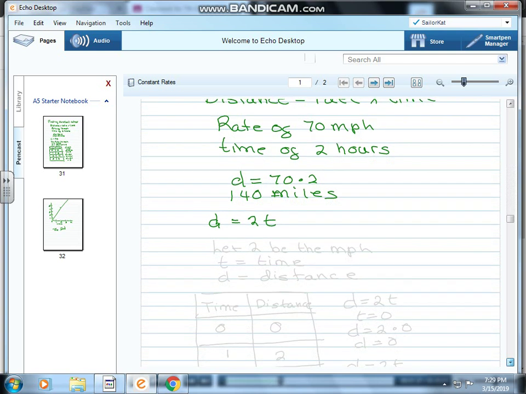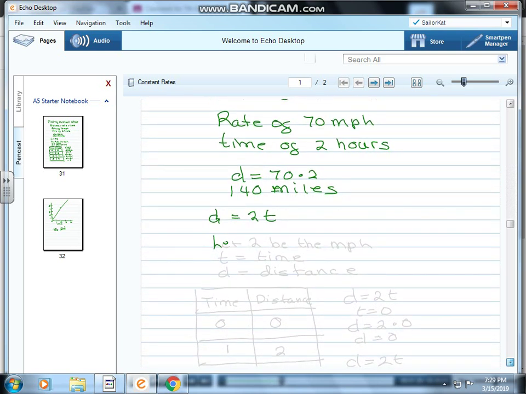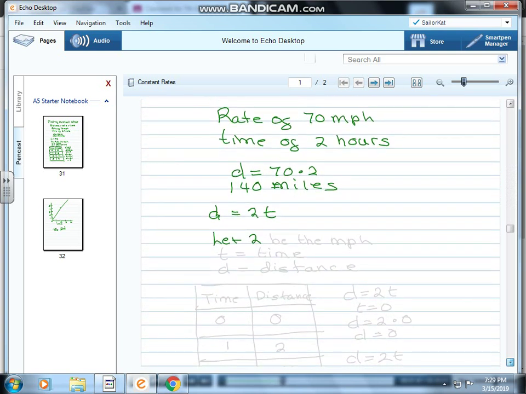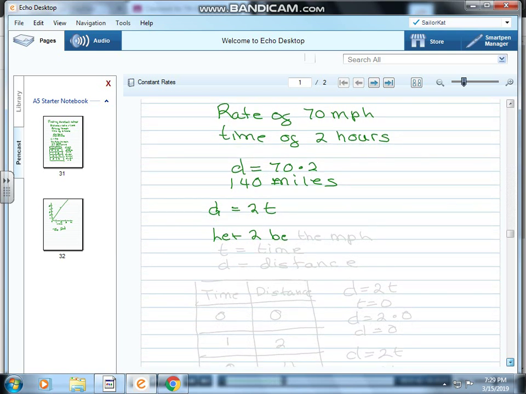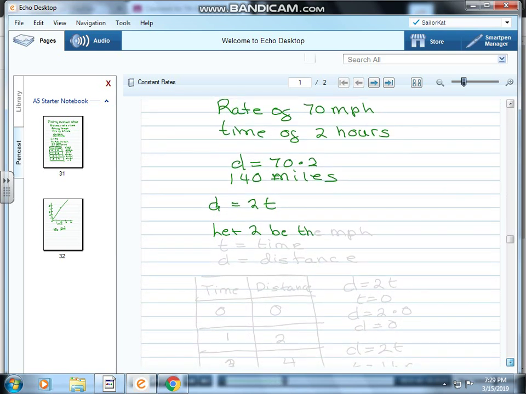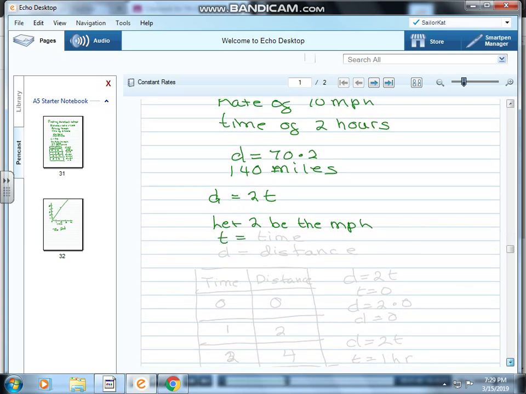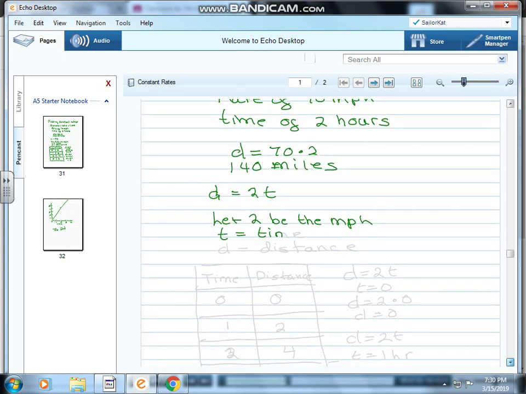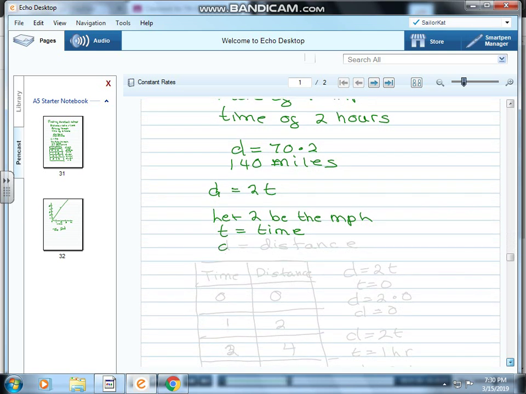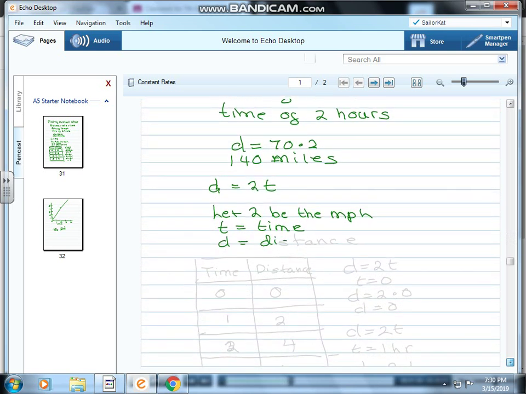So what we're going to do is let the 2 be the miles per hour, and t is equal to time. This is defining your variable, and d is equal to distance.